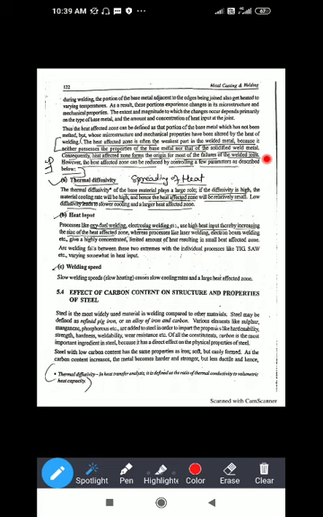Now the third one is welding speed. When you do the welding, the welding speed should be as fast as possible. What happens if you hold one welding rod at a particular point? The heat is continuously released at that particular point only.